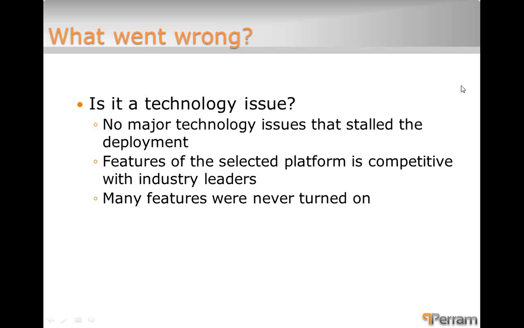For the most case, though, while every software rollout can have glitches and bugs along the way, for most cases, clients of ours find that there was no real major technology issue that stalled the deployment. The system largely did what it was advertised to do.